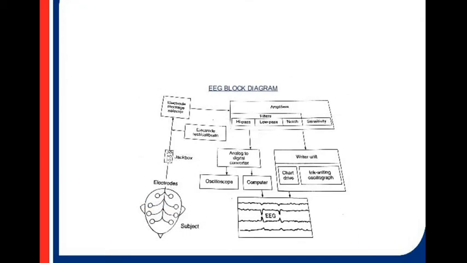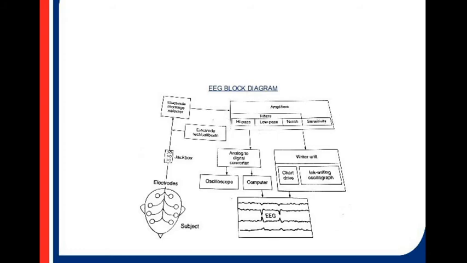Now quickly we will review the different blocks in the EEG system. This is the human brain where all the electrodes are placed. Then this is the electrode box, where all the electrodes have a junction. This is the amplifier.